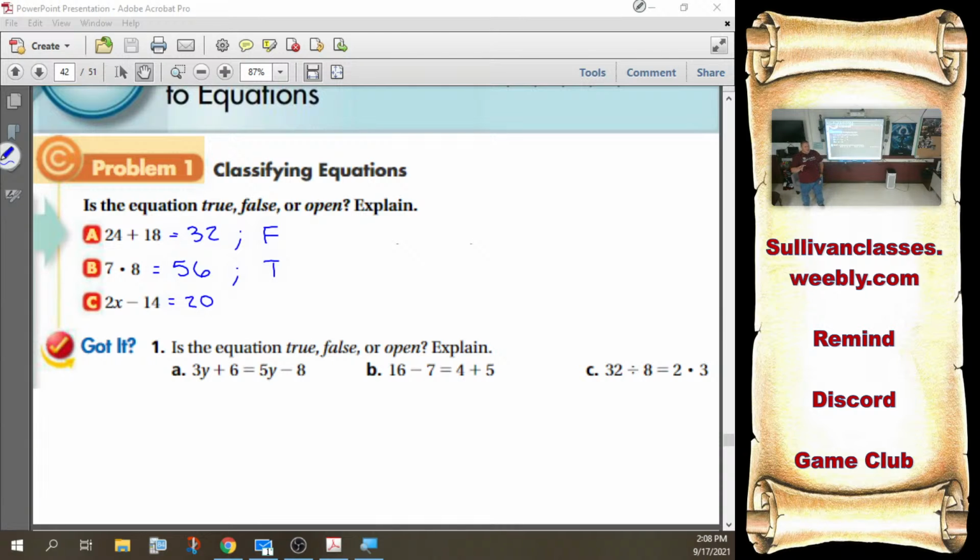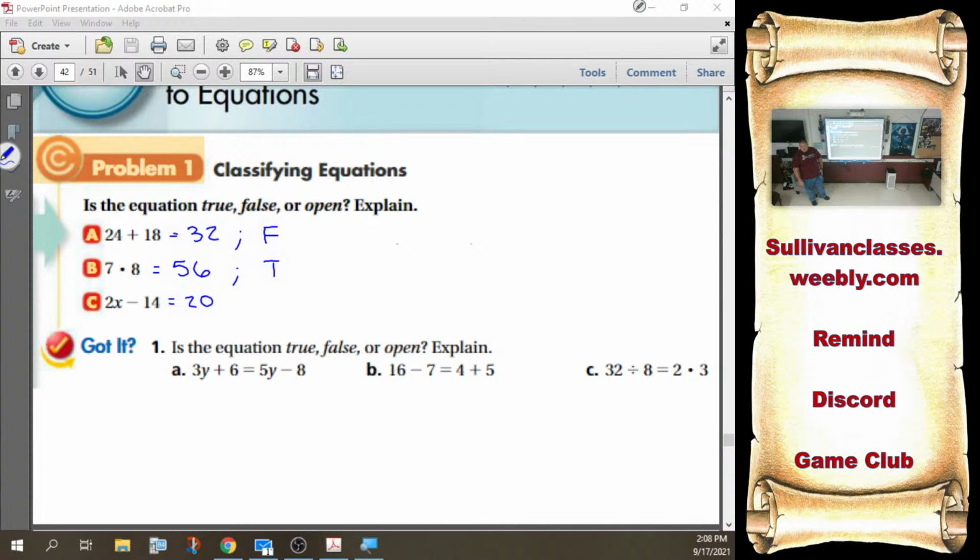This is an example of open. Open meaning, well, I don't know. Why don't I know if this is true or not? As an unknown variable. Variable, literally. Constant means it is always constantly this thing. Variable means the value can vary. If that x is 5, is it true? No. If it's a 12, is it true?